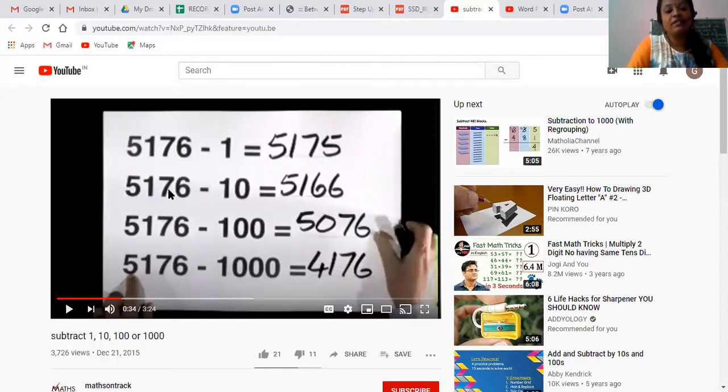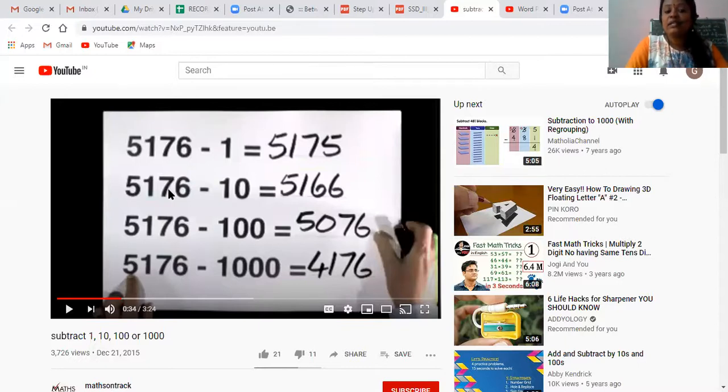So the answer or the difference comes to 5,166. In a similar way, when 5,176 is subtracted by 100, the hundreds place is to be decreased by 1. That would result in 5,076, since 1 minus 1 is 0.